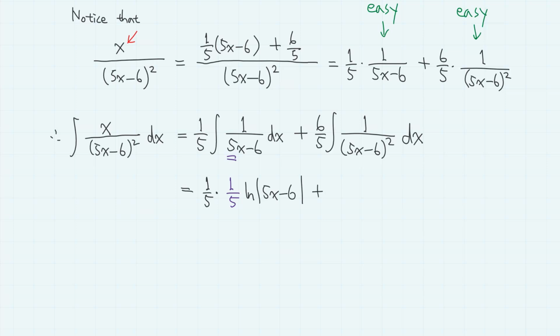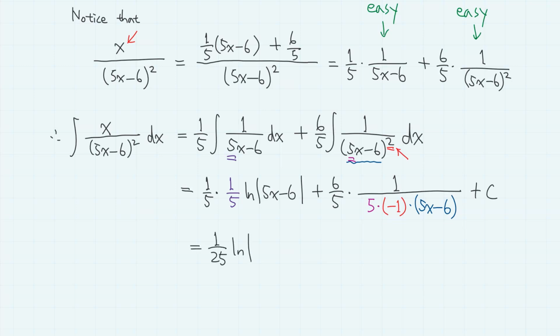And as for the second term, we have 6 over 5 times 1 over 5 from the coefficient of x, and -1 from the power -2. And then we have 5x minus 6 to the negative first power, hence 5x minus 6 here. So we have 1 over 25 ln absolute 5x minus 6 minus 6 over 25 times (5x minus 6) plus c.